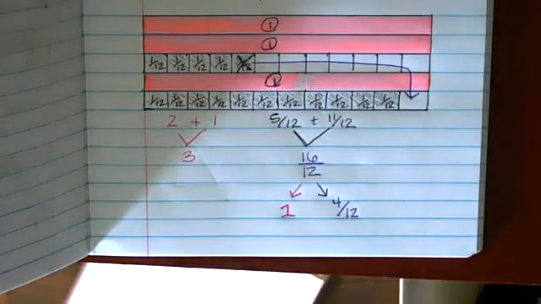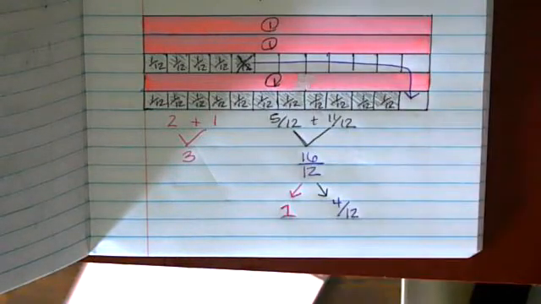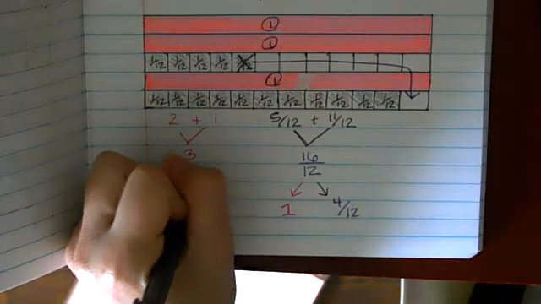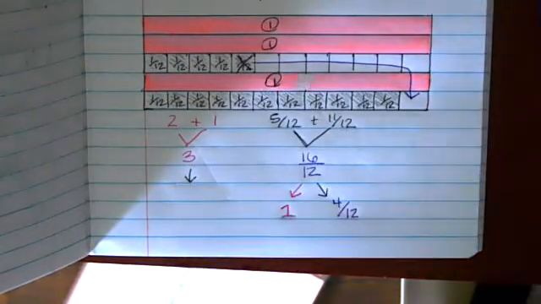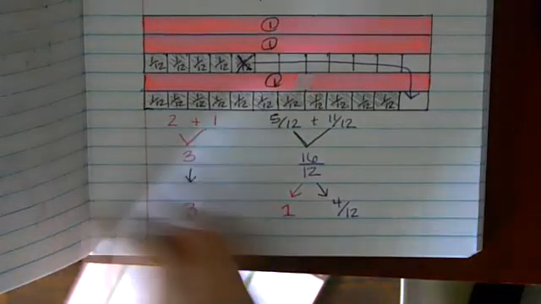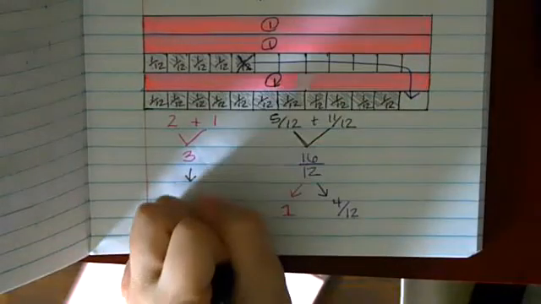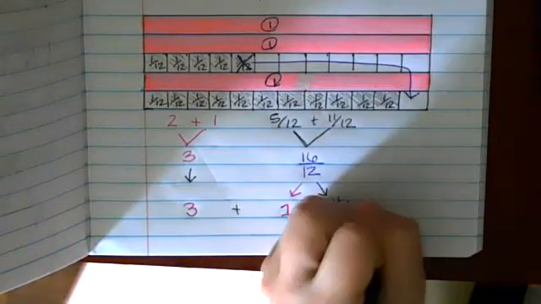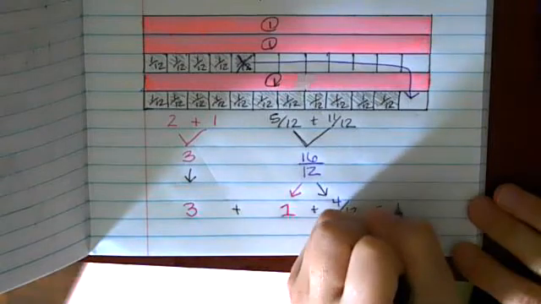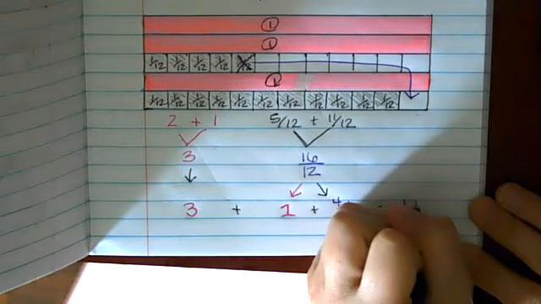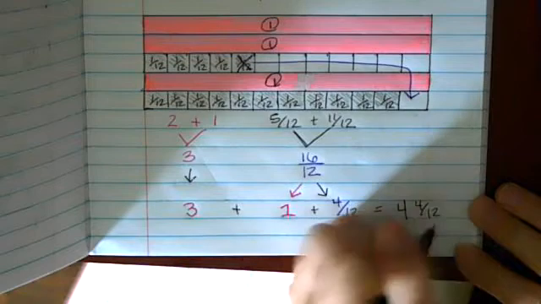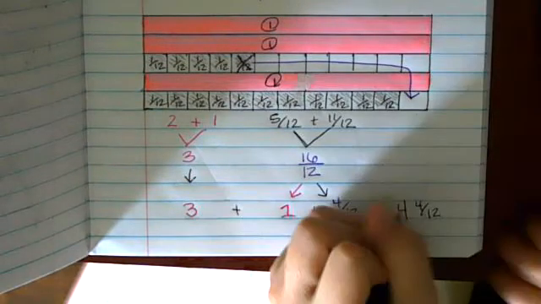I'm going to drop this 3 down so it's all on the same line. I will add 3 plus 1 plus 4/12, which equals 4 wholes and 4/12.